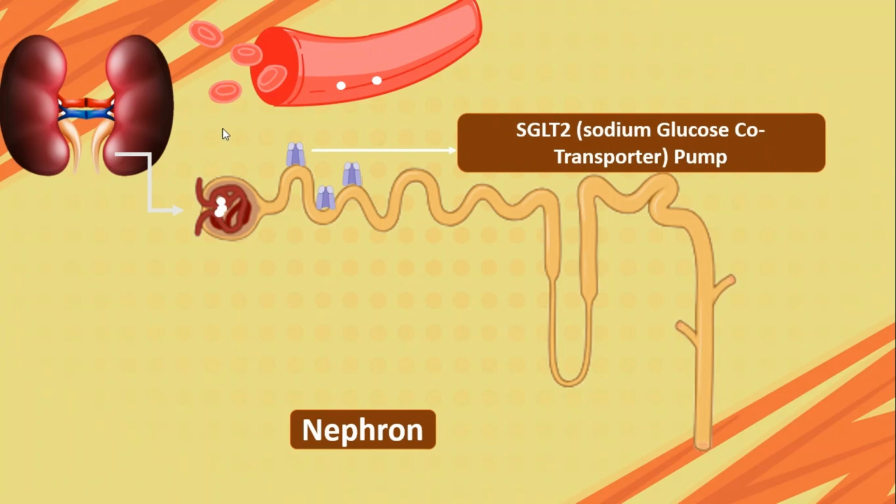The first part of a nephron is named the proximal tubule. So the first part of a nephron is the proximal tubule. On the beginning of the proximal tubule, the pumps are present. These pumps are named SGLT2 or sodium glucose cotransporter 2 pumps.